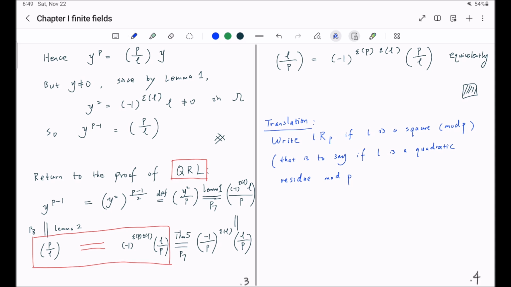And if this doesn't happen, we write L N P. Using the language of the round symbol, L R P if and only if the round symbol of L over P is equal to 1, and L N P if and only if L over P is equal to -1.